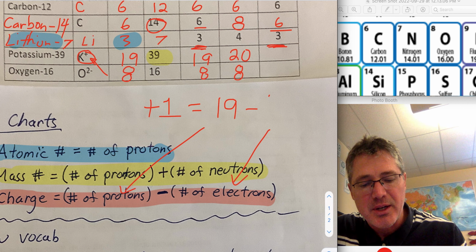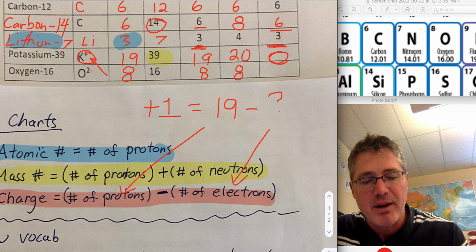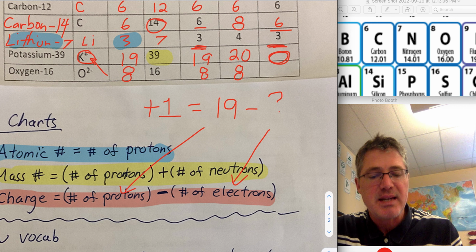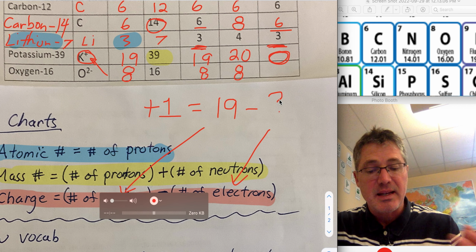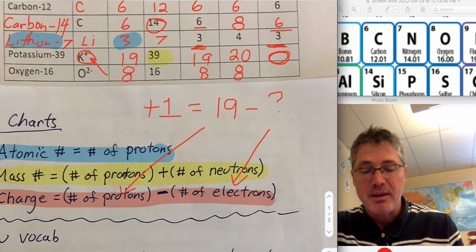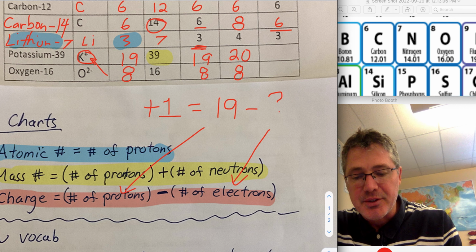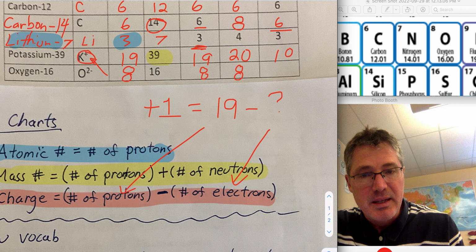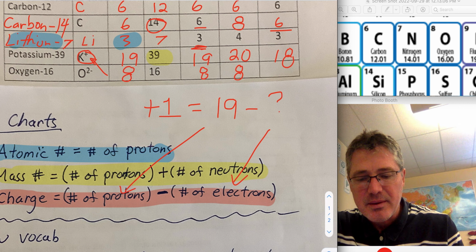So I need to subtract an unknown number right now because we don't know how many electrons we have there. So 19 minus something is going to give us a positive 1. If I take 19 and take away 18 from it, that will give me a positive 1. So I'm going to erase some things here just so I can fit it in. This would be 18, right there. According to the math, that's how we solve for that positive 1.